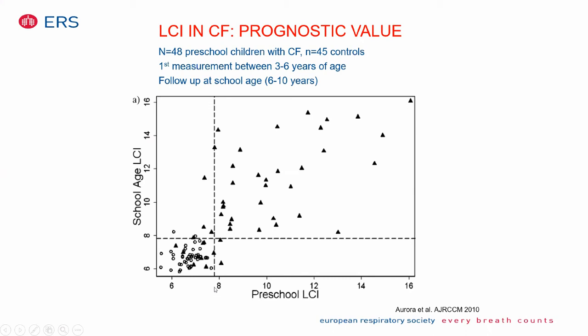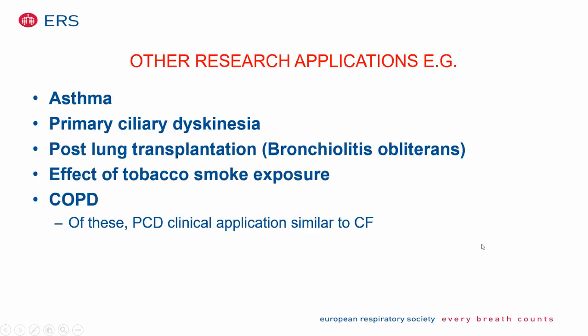Those children who have an elevated LCI already when they are 4 and 5 years old are much more likely to have an increased LCI, so an indication of small airways disease, when they are at school age, whereas those who have a normal LCI during preschool years have a much higher chance to remain normal, which certainly gives a much better prognosis over the long term.